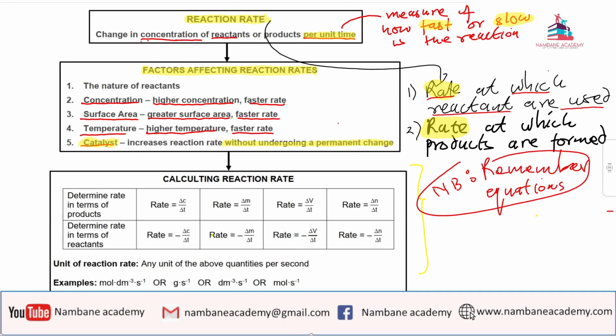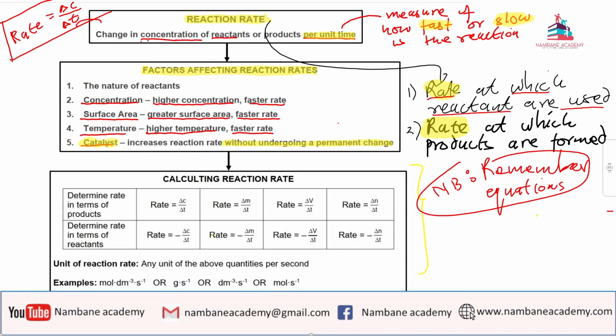But we can use a definition, like we said: change in concentration per unit time. So that basically says I am going to have my equation as rate equals the change in concentration over change in time.